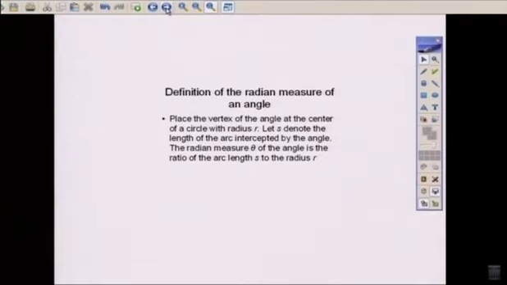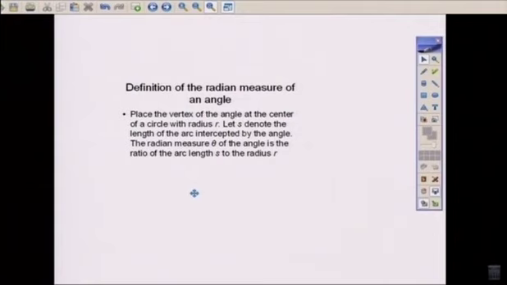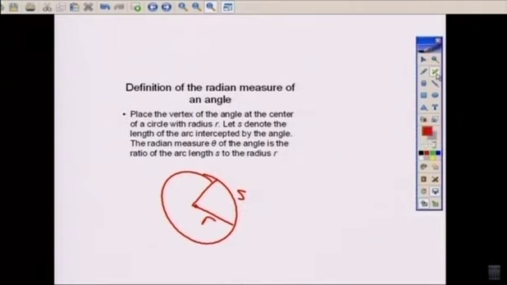It says if we place the vertex of an angle at the center of a circle, so let me grab my pen here, and if we start by drawing a circle, label that center, draw in our radius, r, and let's let s denote the length of the arc. So when we're talking about the length of the arc, we're talking just about this portion right here.